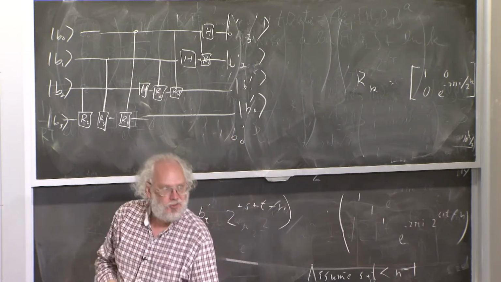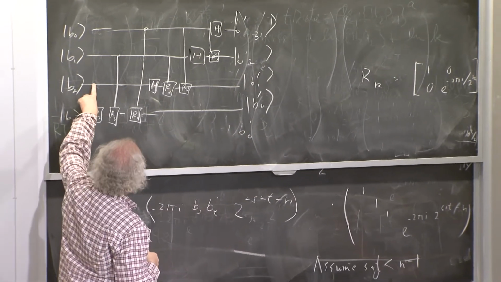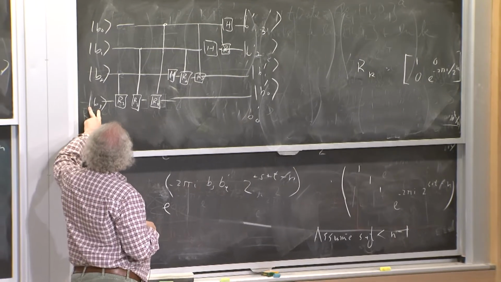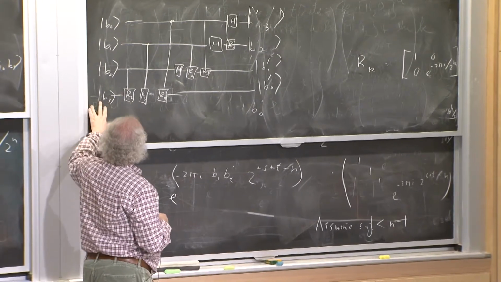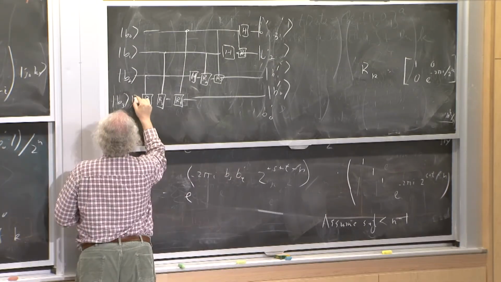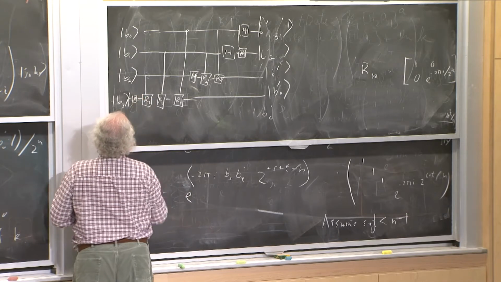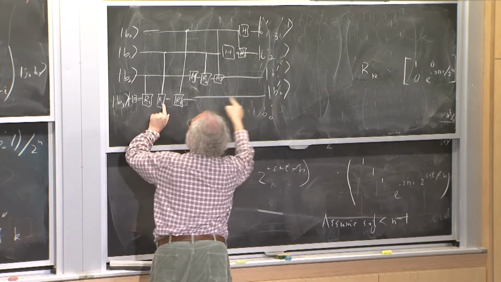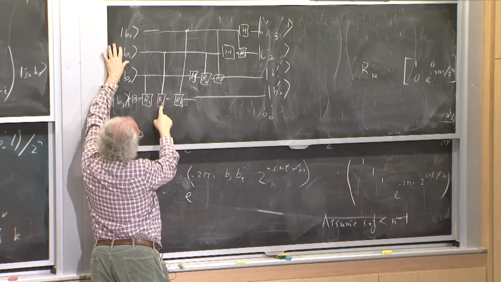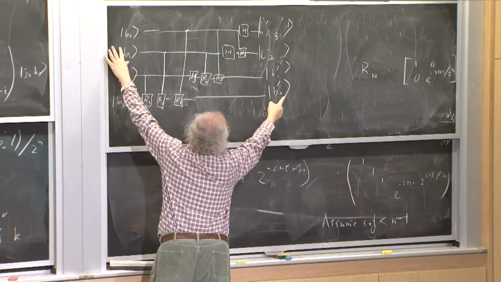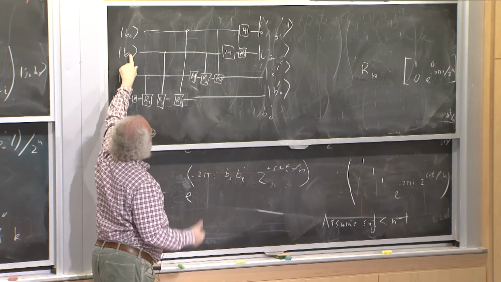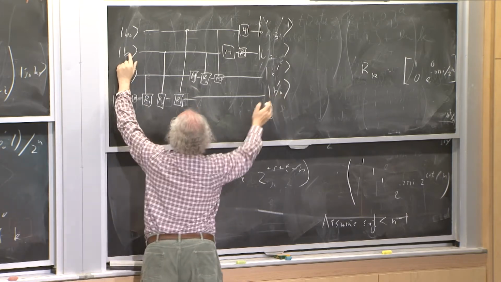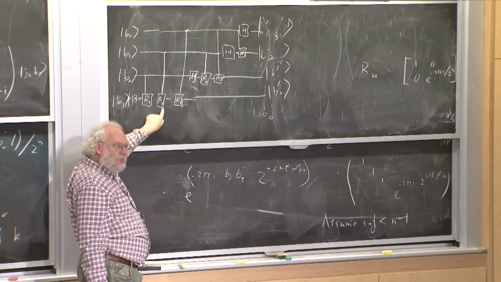So why did I do this? Well, this R2 comes in between, for example, b3. This is right. Okay, so this is b0. And here it's interacting with b1. And 0 plus n minus 0 plus 1 is 3.